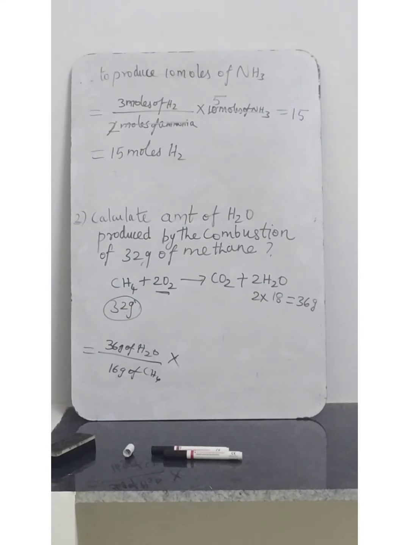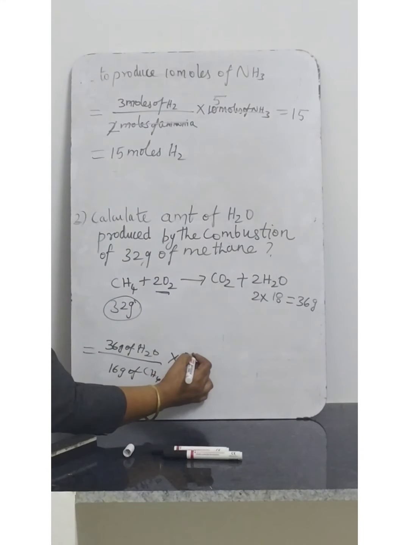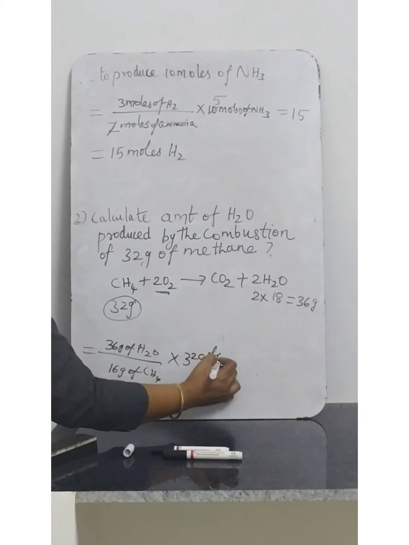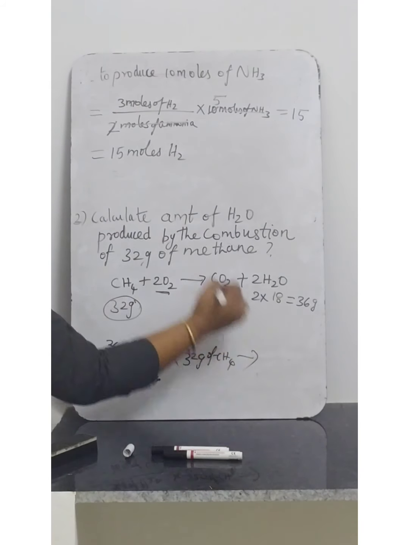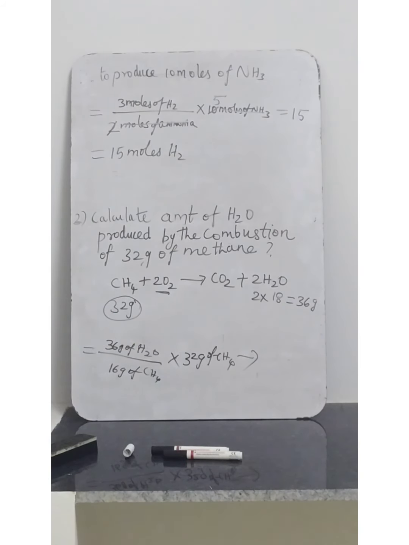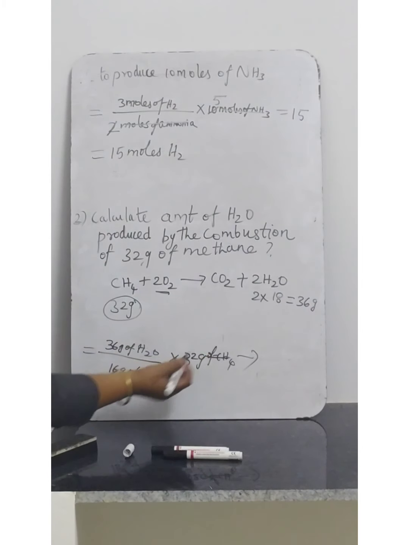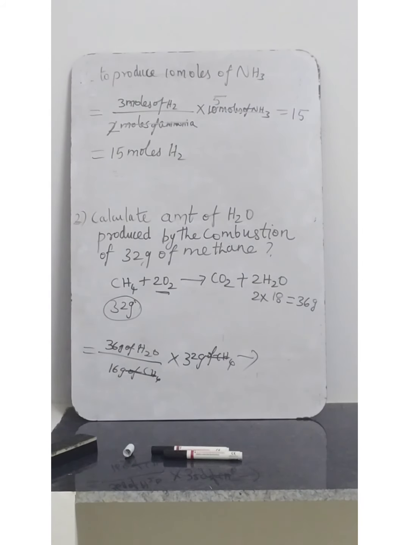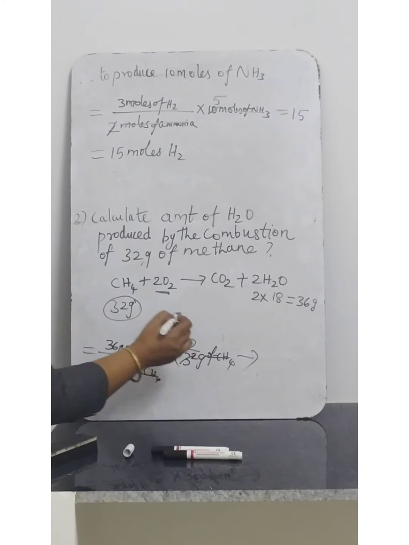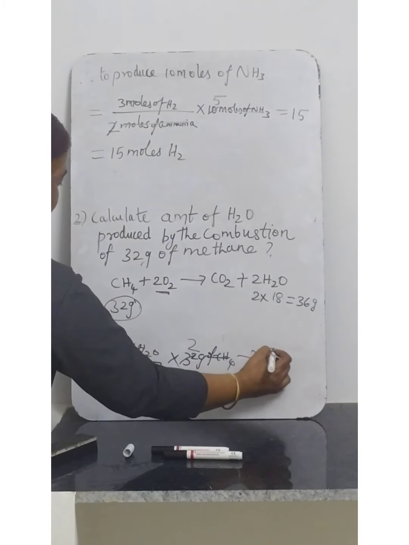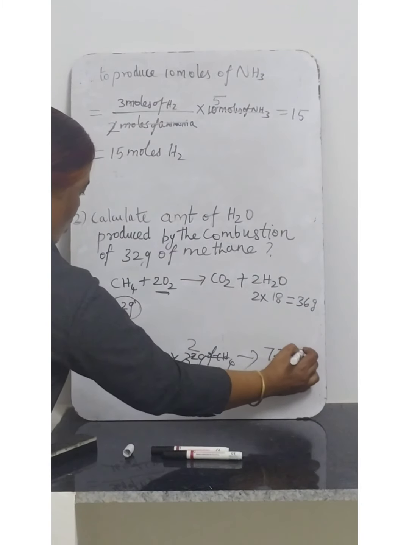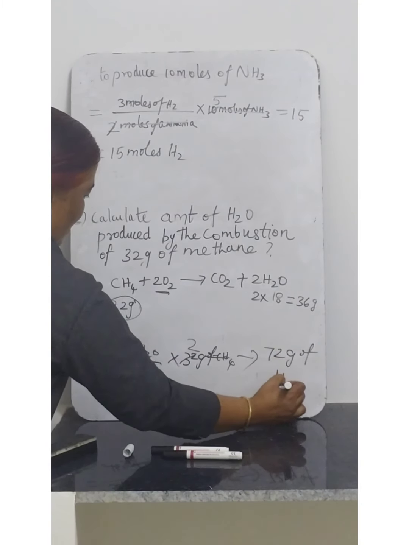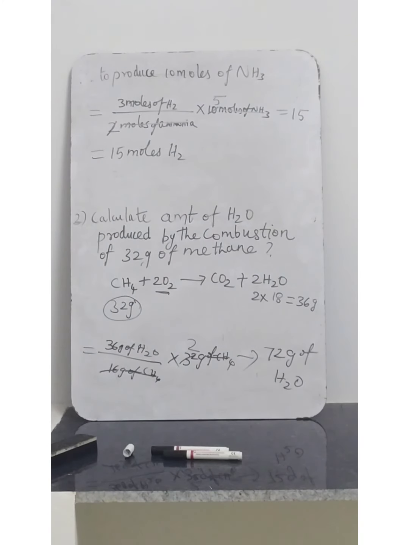Therefore, understood? 32 gram of methane, CH4, will undergo combustion. Gram of methane cancel. 16 and 32 cancel, which means 2 times. 2 into 36, what is that? 72 gram of water.